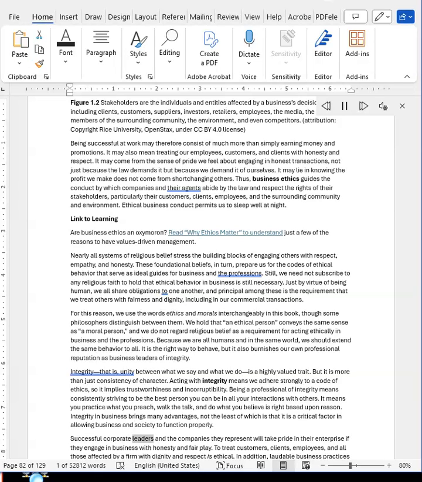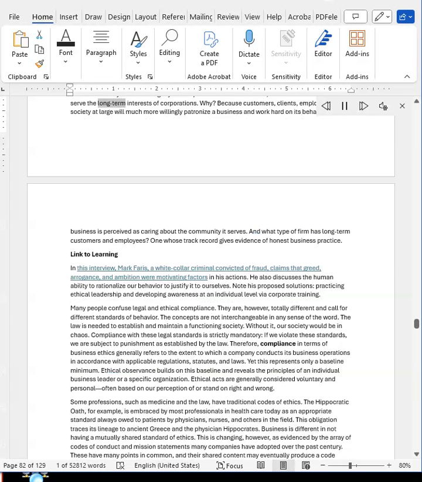Successful corporate leaders and the companies they represent will take pride in their enterprise if they engage in business with honesty and fair play. To treat customers, clients, employees, and all those affected by a firm with dignity and respect is ethical. In addition, laudable business practices serve the long-term interests of corporations.